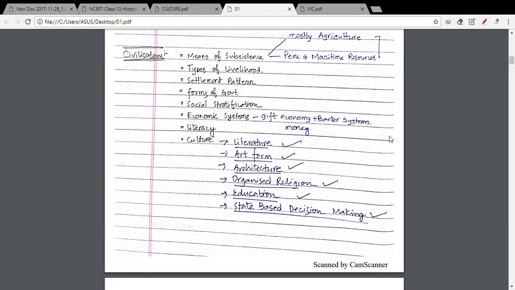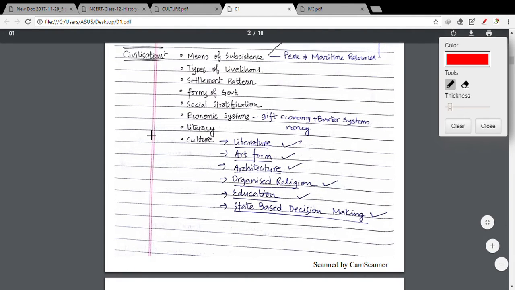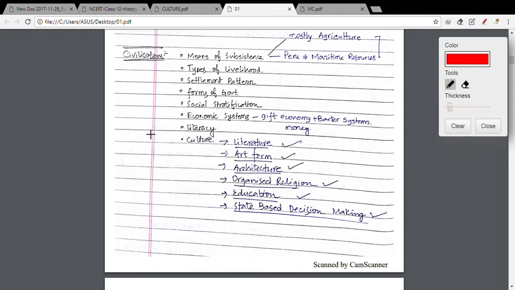So here, what are the different aspects that we can see in a civilization? Means of subsistence: mostly the earlier civilizations depended on agriculture. There was an exception. The civilization in Peru did not depend on agriculture only, they depended on maritime resources.